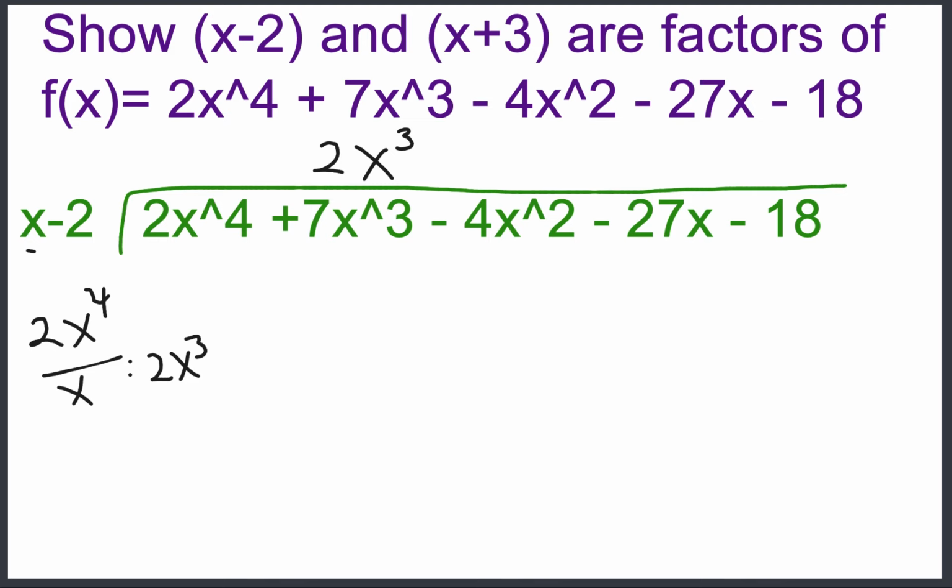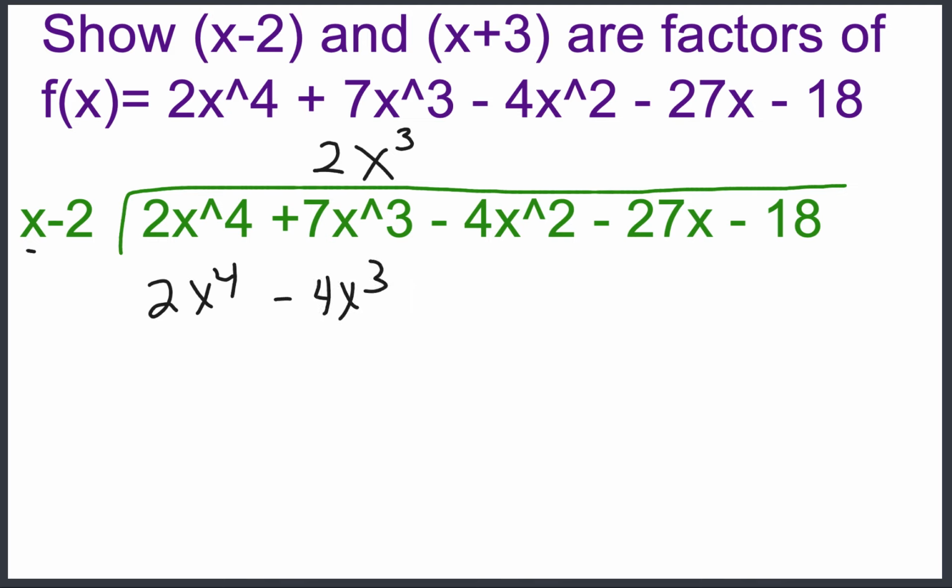Now, a lot of books don't teach this, but you need to keep these columns straight. It'll help you to know when you're done with the problem. So next I multiply that through, just like in any long division problem. So I'm going to take the 2x cubed times x, and I get 2x to the fourth minus 4x to the third.